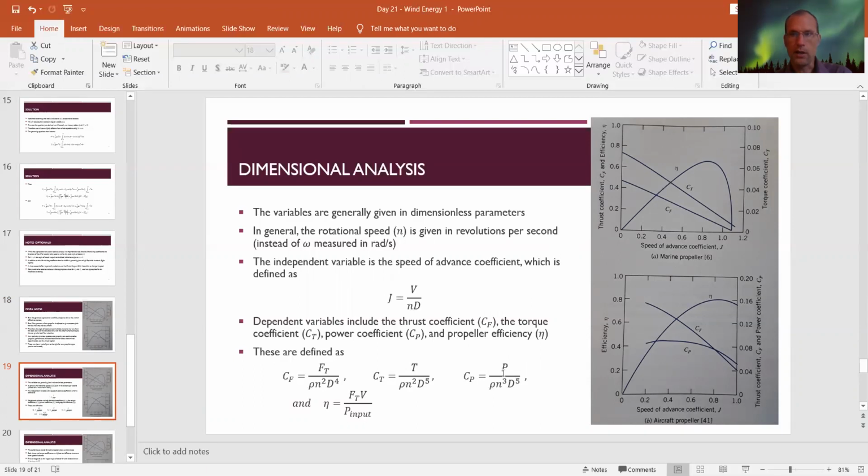And for power, I need energy per second or per time, so I need another distance and another time. So P, power, over rho n cubed d to the fifth gives units of power, a dimensionless version of power, CP. And of course, eta is power out over power in. We saw this before: force or torque times velocity divided by the power input, P in.